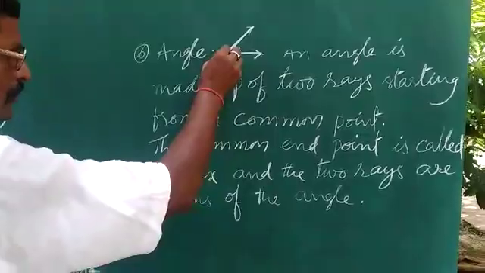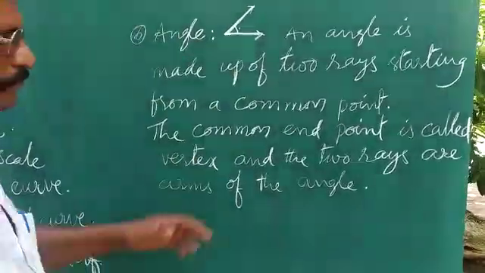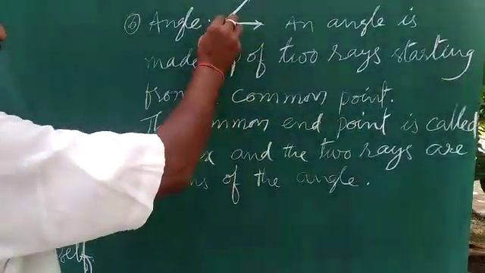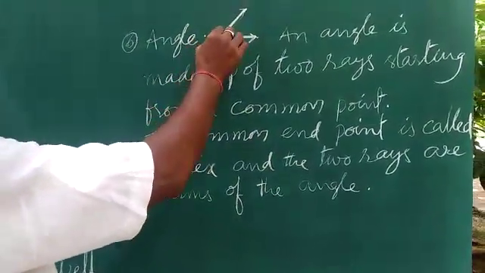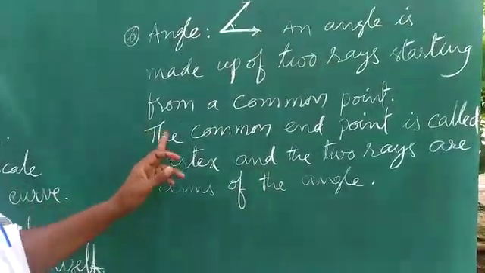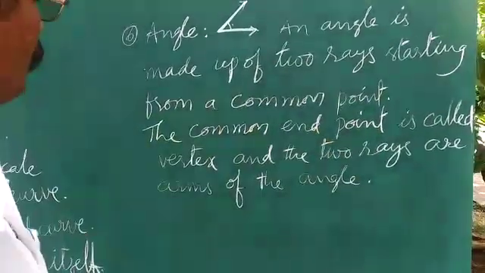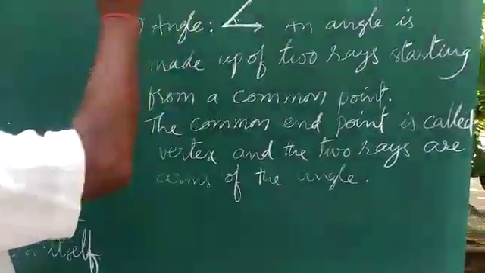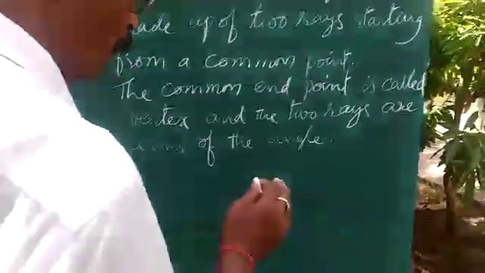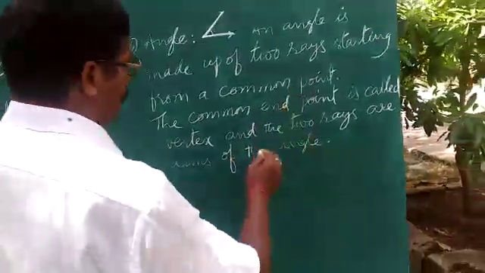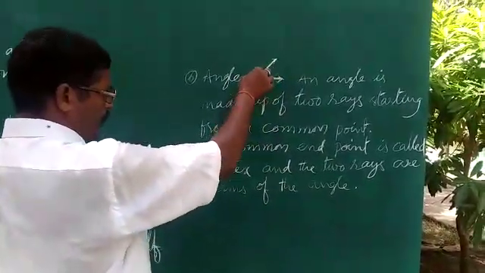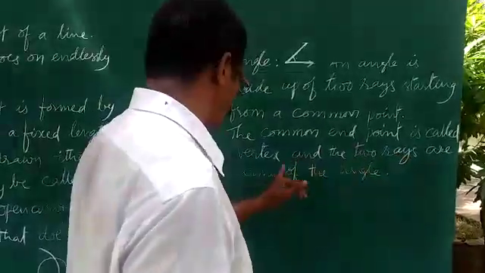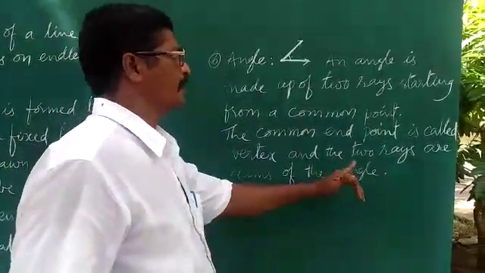Both are starting from a common point. This is the common point for these two rays. The common end point is called vertex. And these two rays are the arms of the angle.